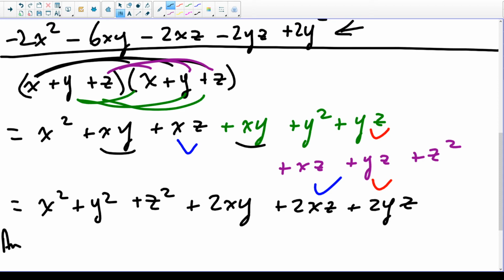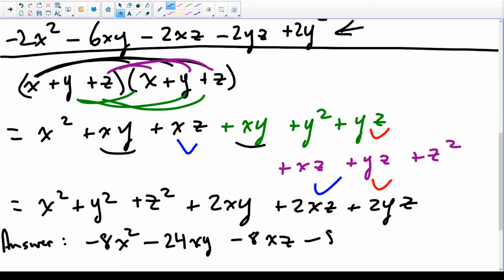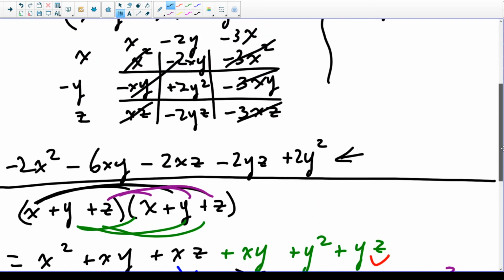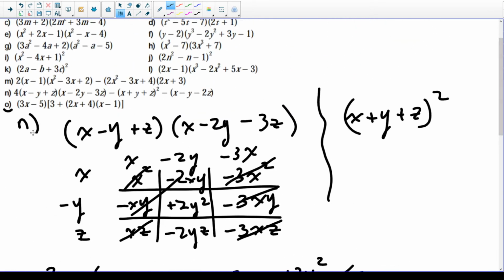So my answer is going to be minus 8x squared minus 24xy minus 8xz minus 8yz plus 8y squared. And that's multiplied by 4 because of the 4 that's in front of those two brackets.